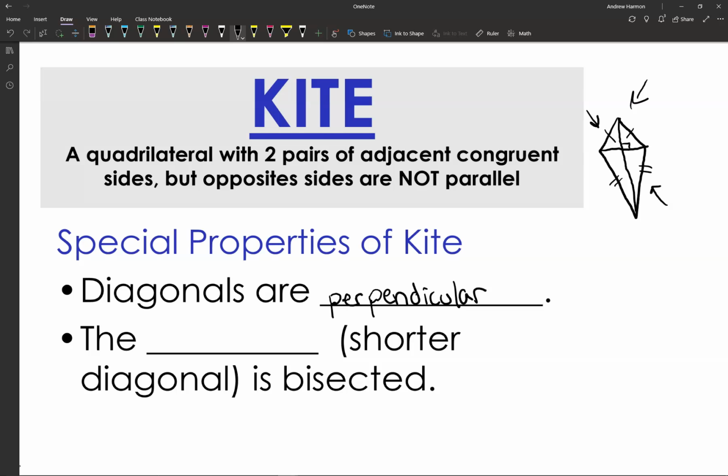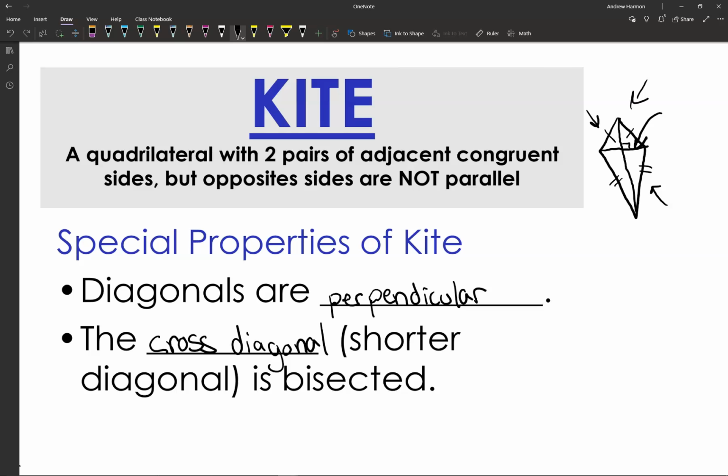Another neat fact about a kite is that not only are those diagonals perpendicular, but the cross diagonal, meaning the shorter diagonal, this one here, is always bisected in a kite. Alright, so those are the properties of a kite. That's what's going to help us determine if the shape on the coordinate plane is in fact a kite.